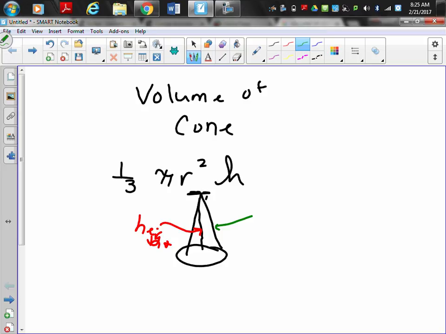What do we know about the true height of anything, whether we're talking about a two-dimensional shape or a three-dimensional shape? Miss Young, what do we know about the word height?